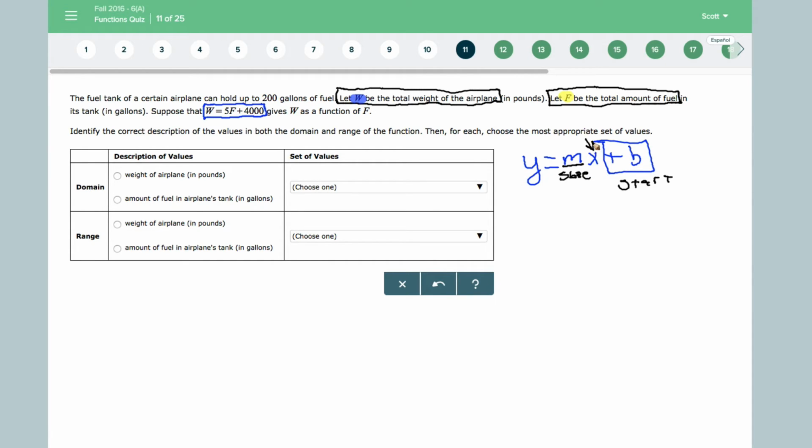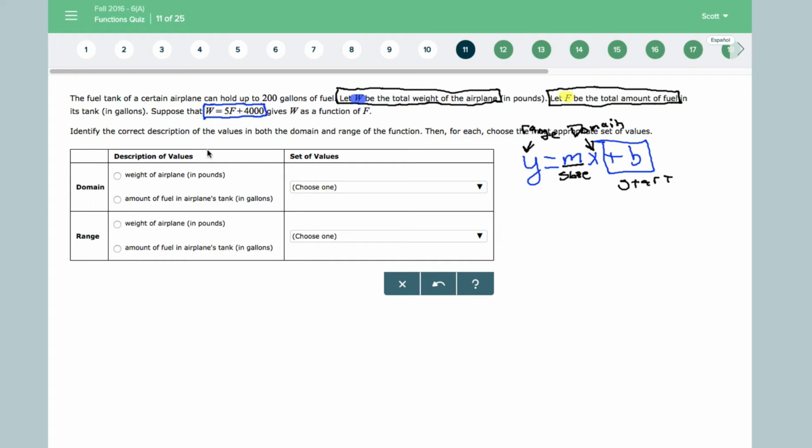This is our domain. And this one is our range. Okay, now those are all the parts. Now we may not use all the parts, but those are all the parts. So let's go ahead and go through it.